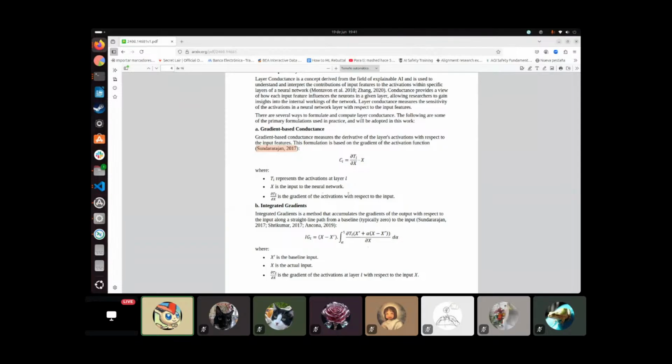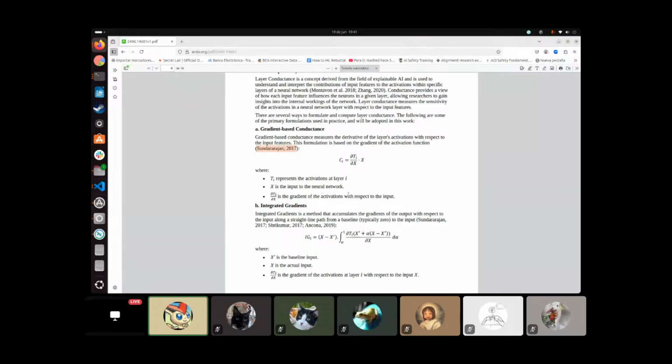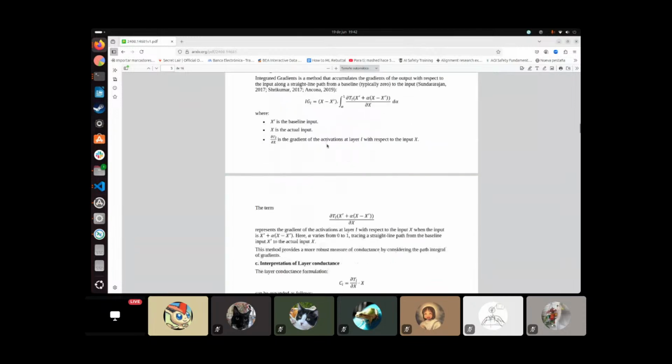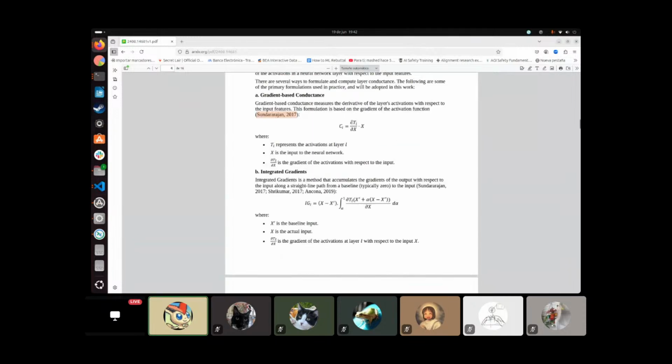Not with respect to the output. Or I guess maybe the last layer is in some sense equivalent to the output minus the embedding. But yeah, not sure. This seems to be about how much the input influences some activation of some layer, right?